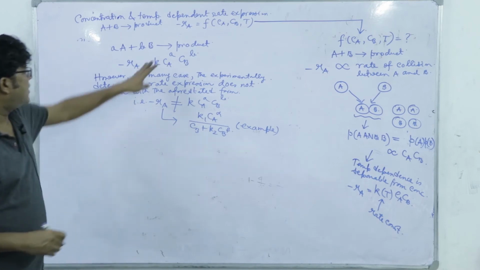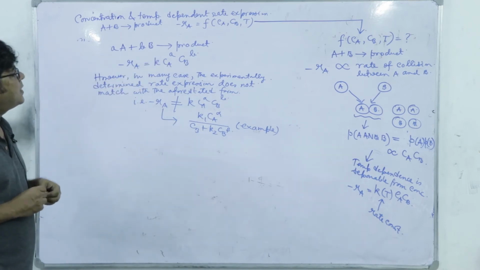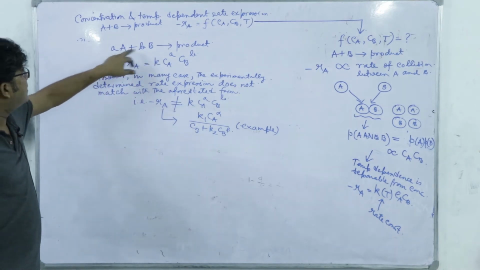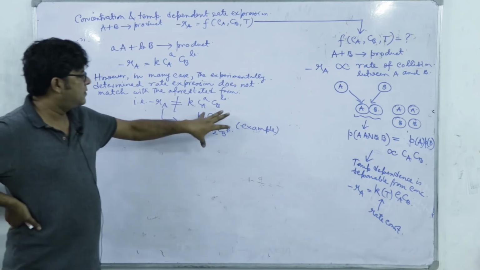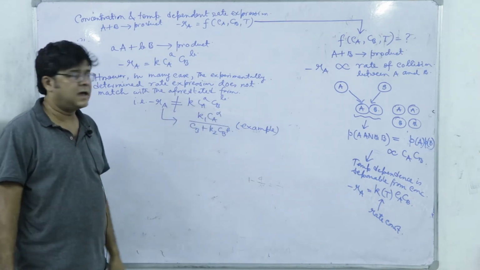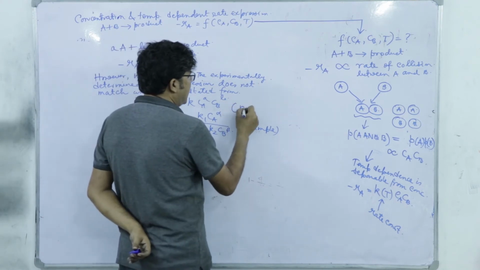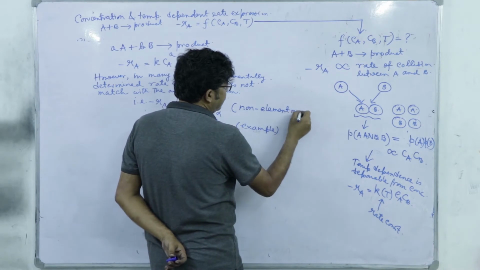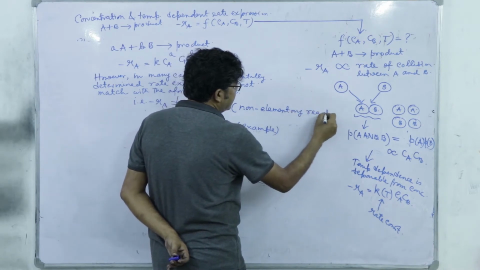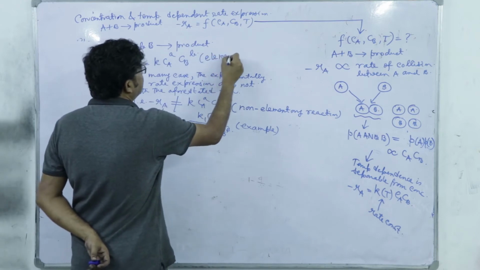So the rate expression doesn't match with the typical form along with the stoichiometric coefficients. So if this type of situation arises, then we will refer to this sort of reaction as non-elementary reaction. And this one is elementary reaction.